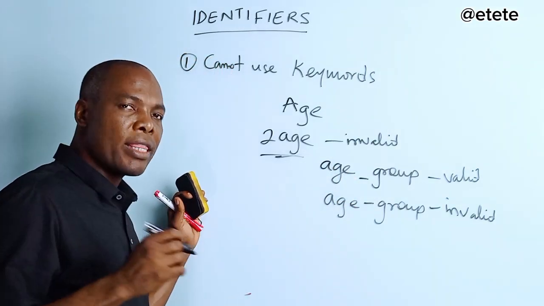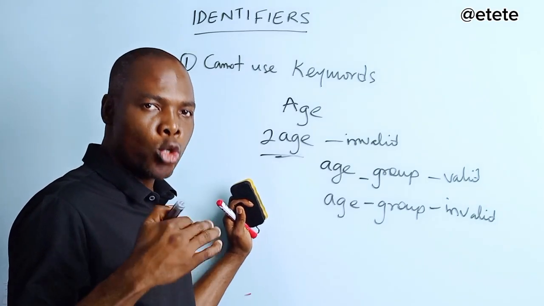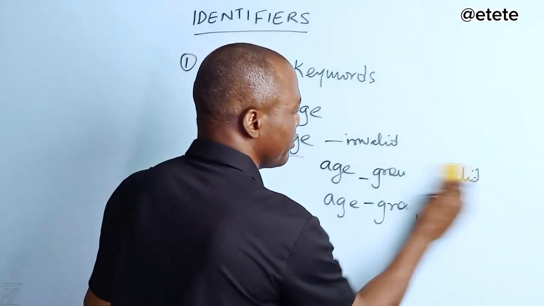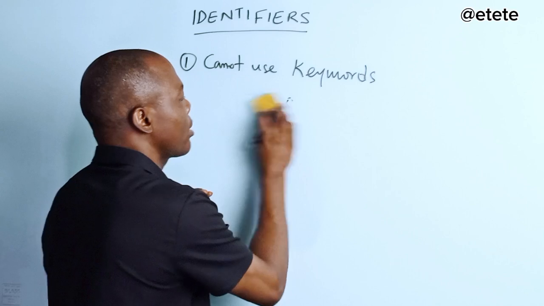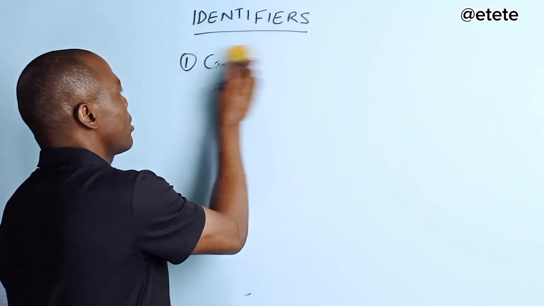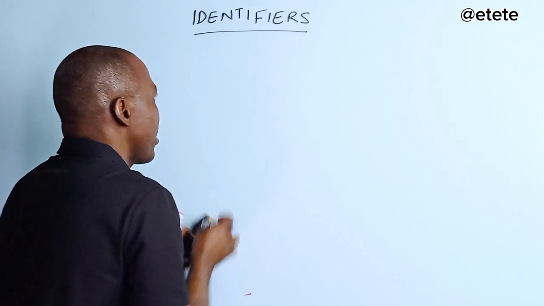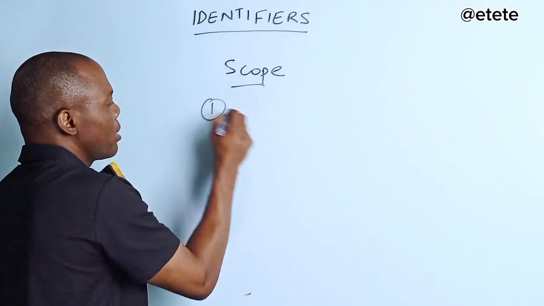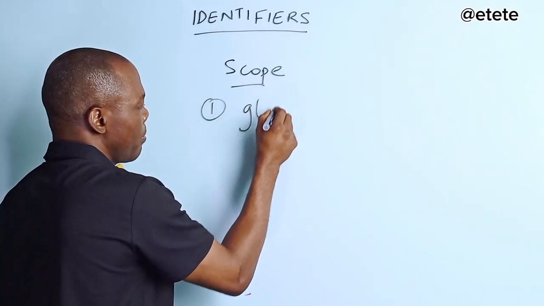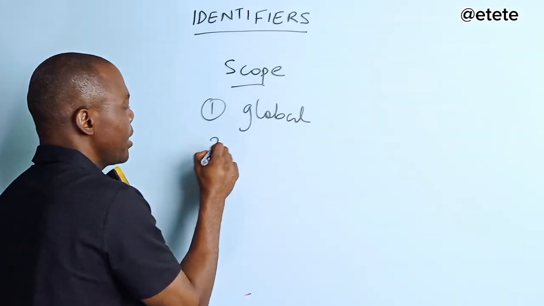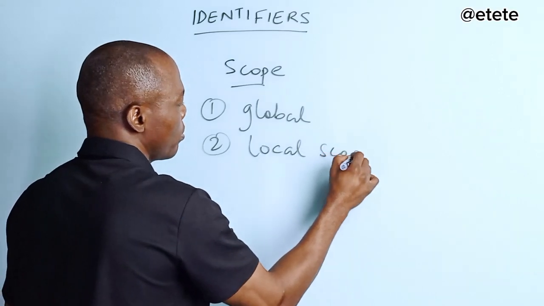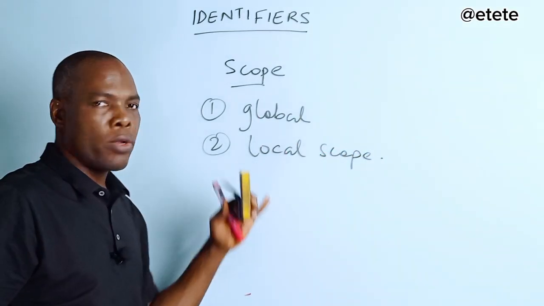Now, another thing again is identifiers have scope, right? We have one, global scope, and then two, local scope.